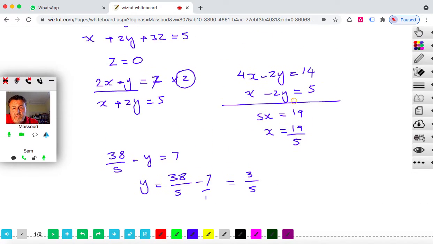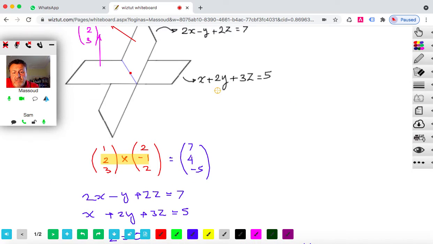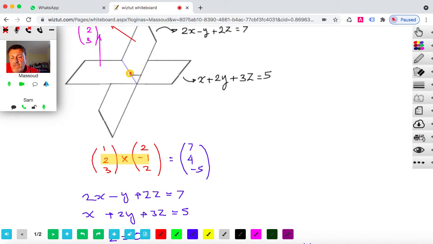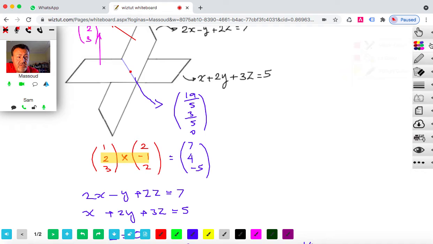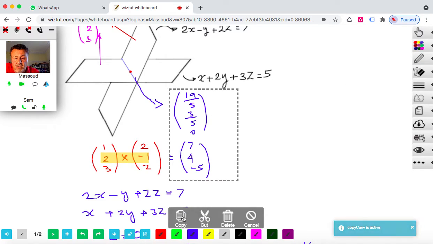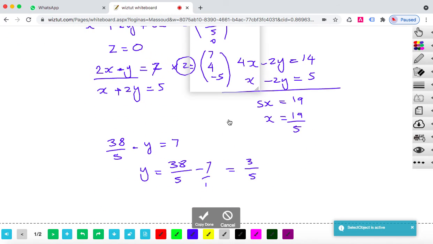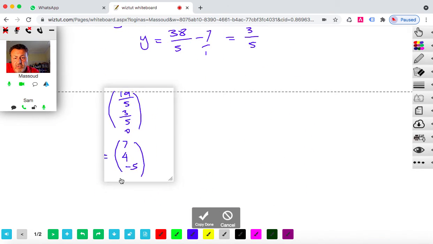So this red point here has the position vector x was 19 over 5, y was 3 over 5, and z was 0. So we have the direction vector, and that's the point. I'm just going to copy these two pieces of information and bring them down to write the equation of the line.